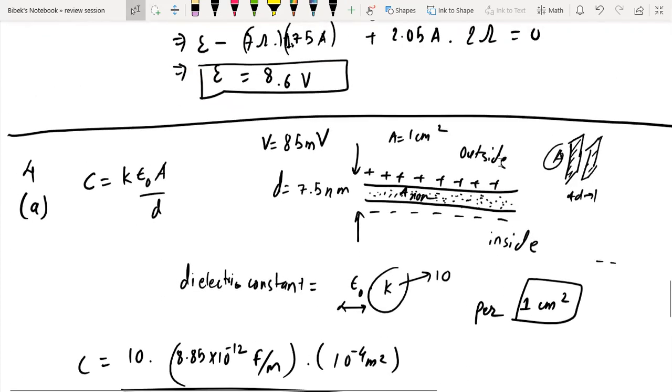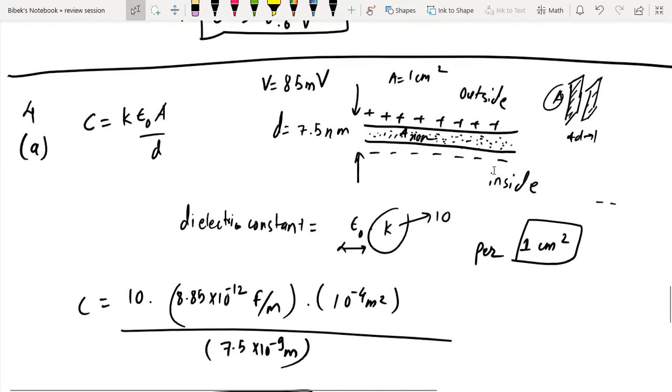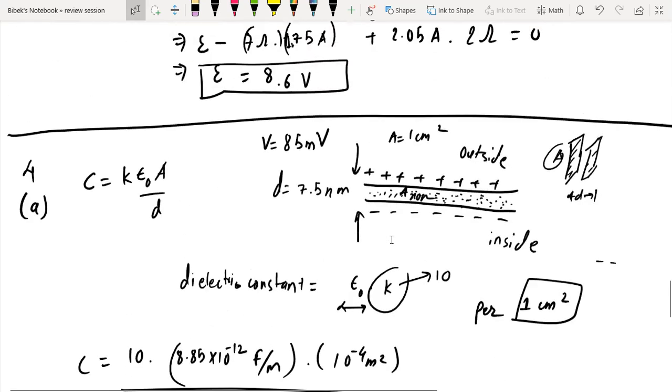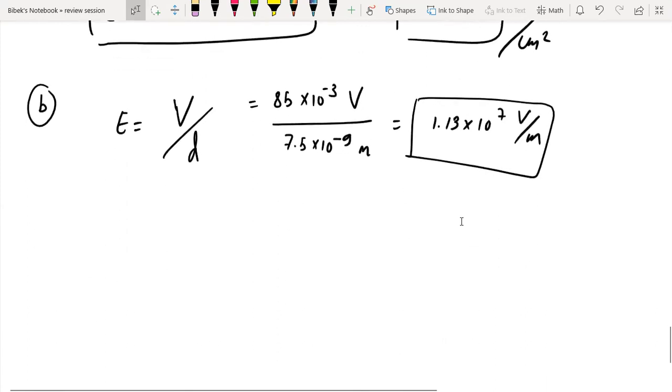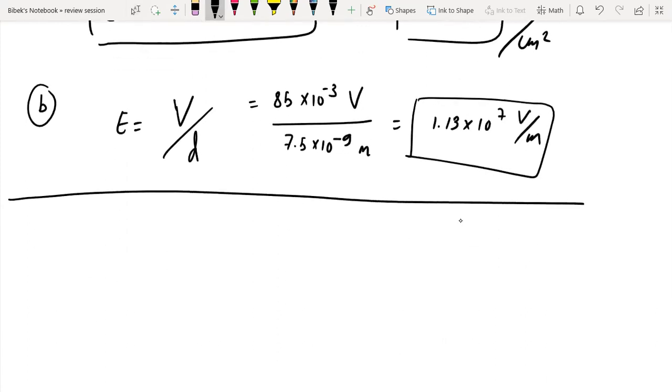There are ion channels, and you might know more than I do, but there is opening and closing of the channels to balance the salts so that the usual nerve functioning works. So the electric field is very high.